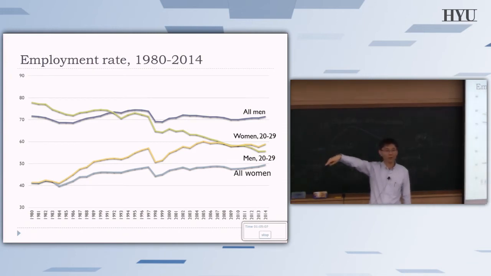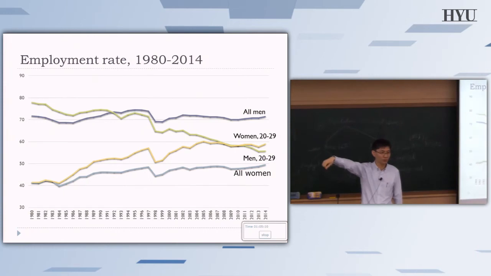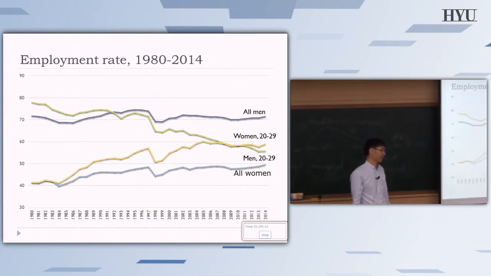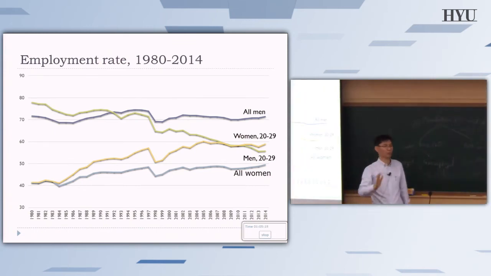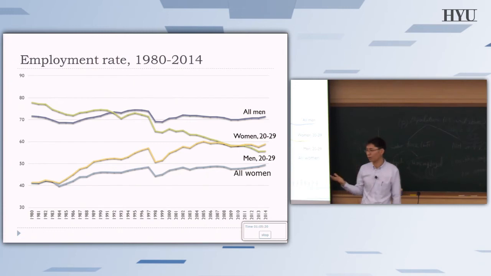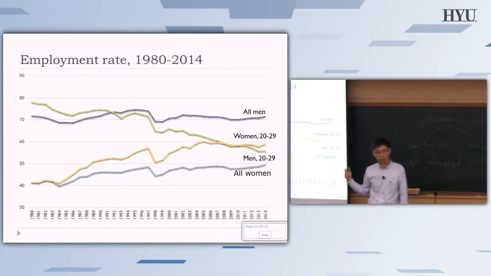They more are going to universities. Okay? Then their LFPR will be decreasing. So LFPR is decreasing, and then their employment rate is decreasing. So going for more education will necessarily decrease employment rate. So that is partly the reason.